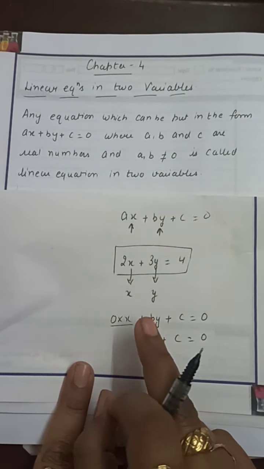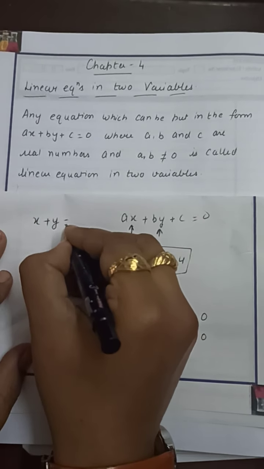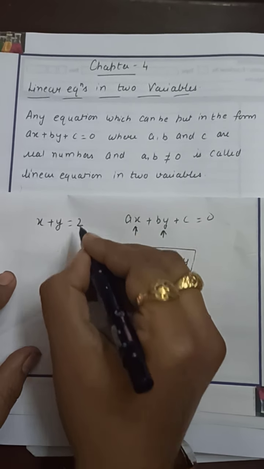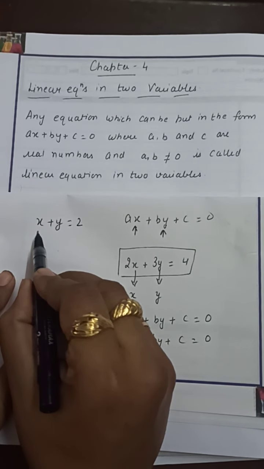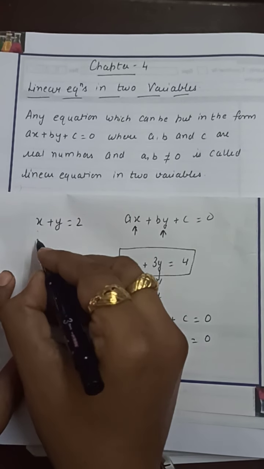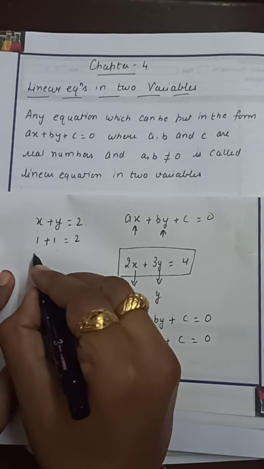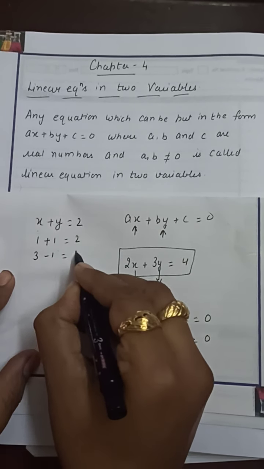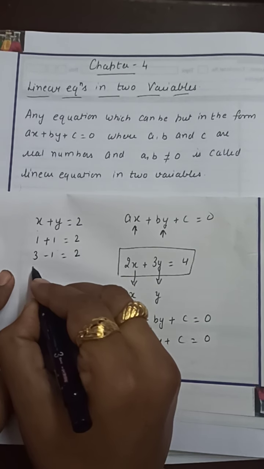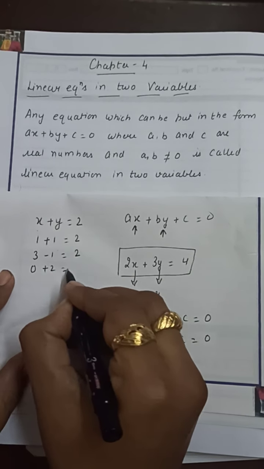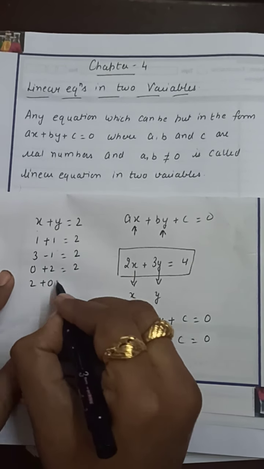For example, you are having the equation x plus y equal to 2. So here you can put the value of x by yourself. It can be 1 plus 1, which becomes 2. It can be 3 minus 1, it also becomes 2. It can be 0 plus 2. It can be 2 plus 0.